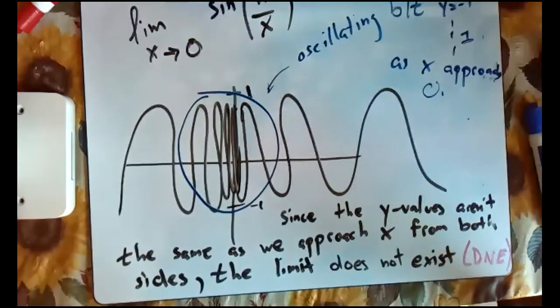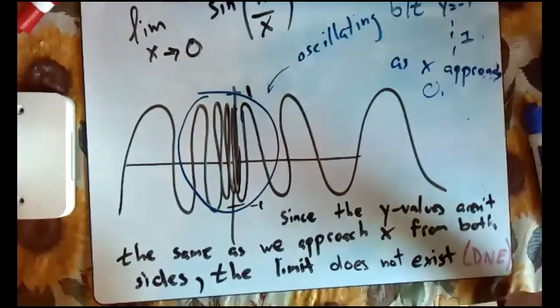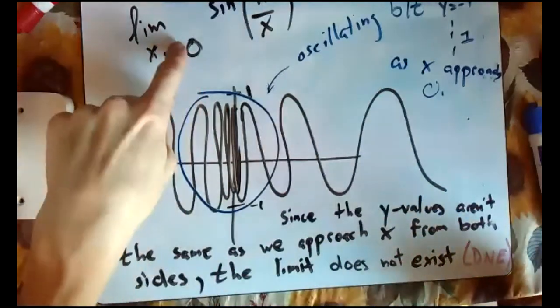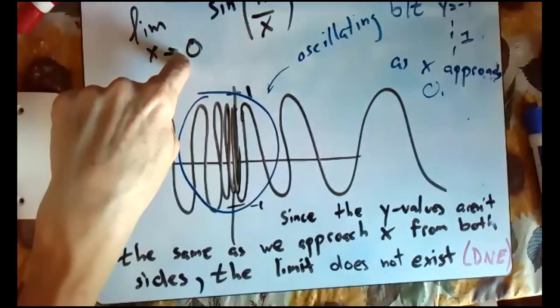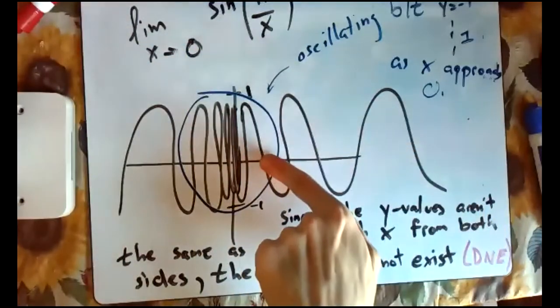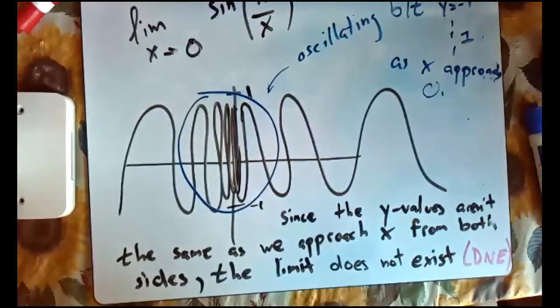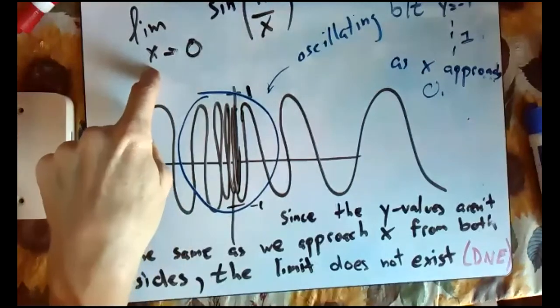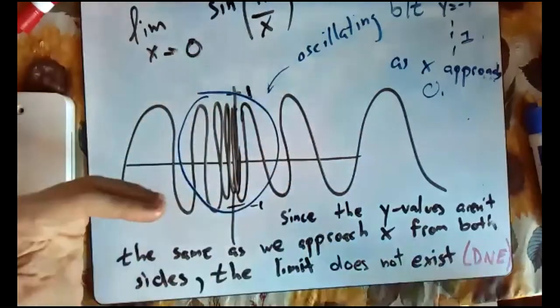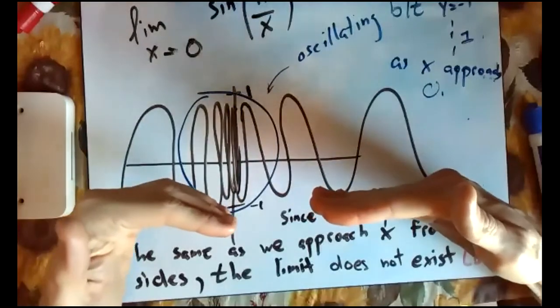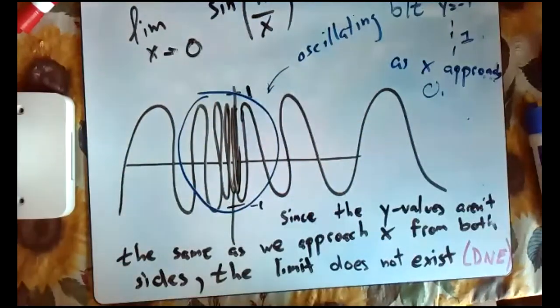It's because we're not getting the same y values as we approach 0 from the left side as we do approaching 0 from the right-hand side. So again, if you don't get the same y value as you approach x from the left and the right of it, like we've been seeing with previous problems, then the limit does not exist.